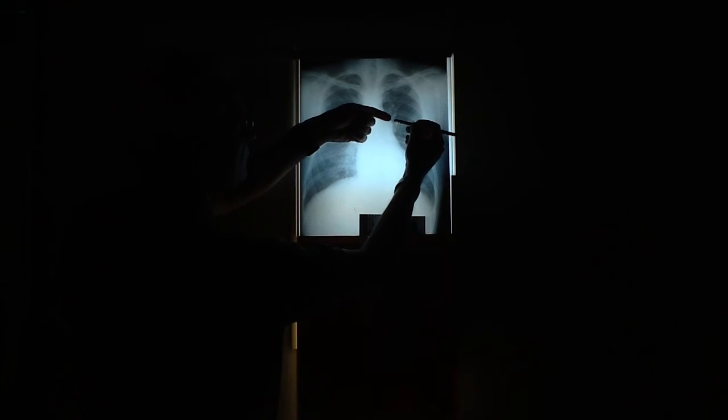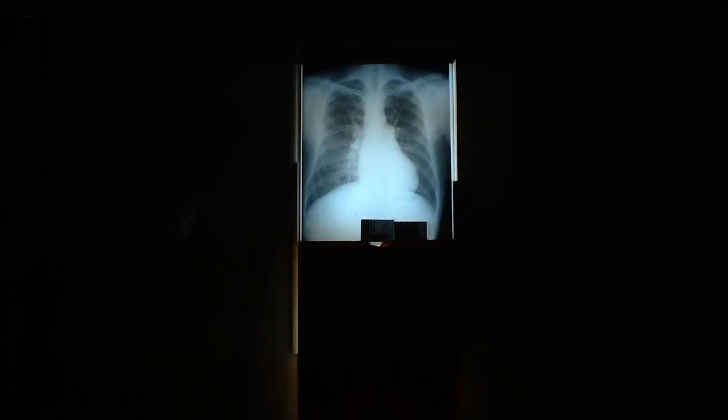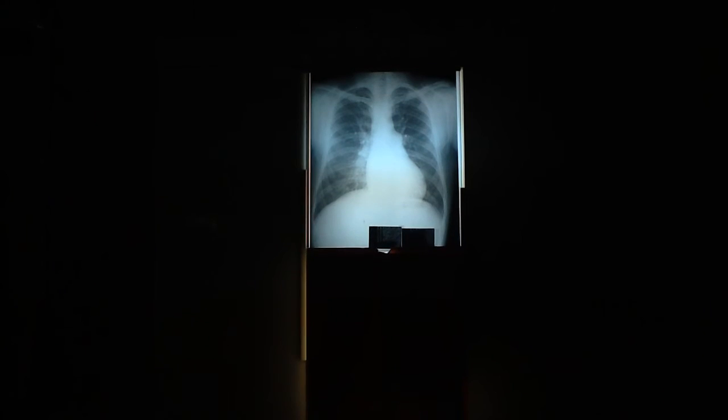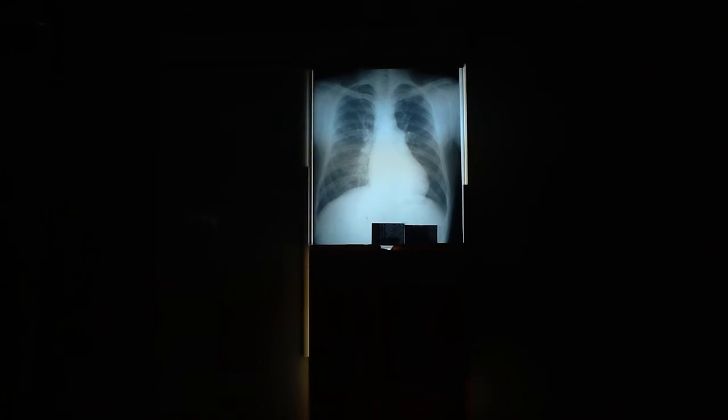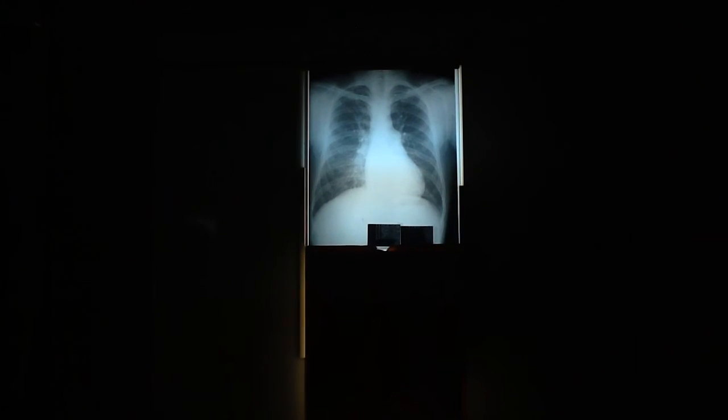They have the Viking hat sign, and the reason they get that is because as the blood backs up into the lungs, it's got to go somewhere. And remember, the upper lungs have less blood in them. So when the blood starts to engorge into the lungs, on the venous side, it gets shunted upstairs, basically.